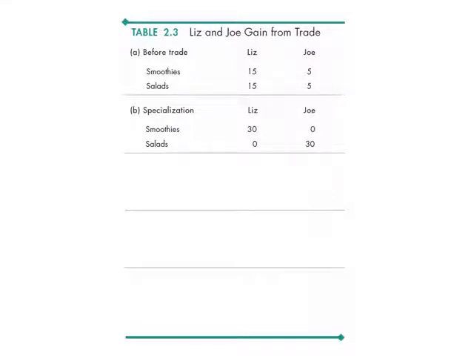Now let's see how trade will be beneficial for both persons. As we have seen, Liz will specialize in producing smoothies, so she will produce 30 units, while Joe will specialize in producing salads, so he can produce 30 units of salads. So now let's see how trade will happen.